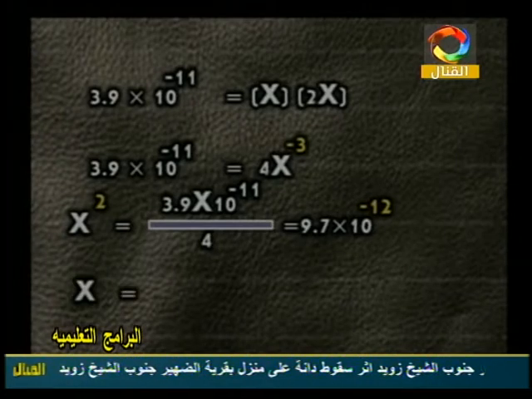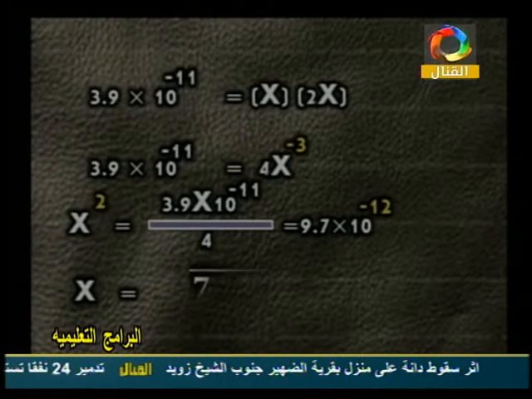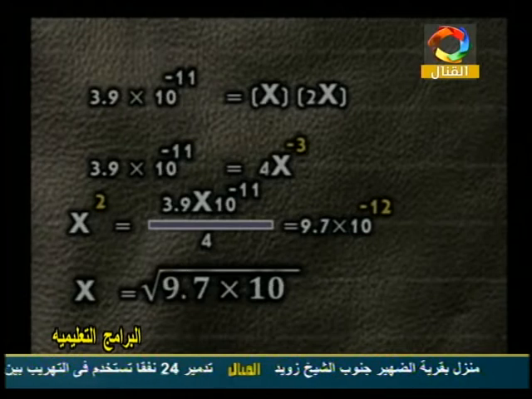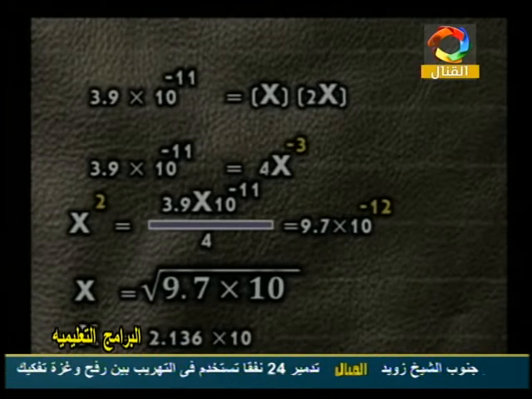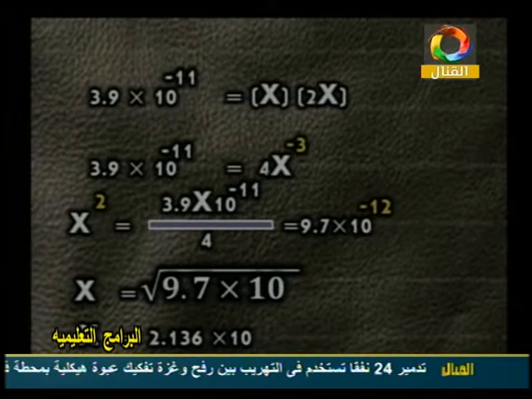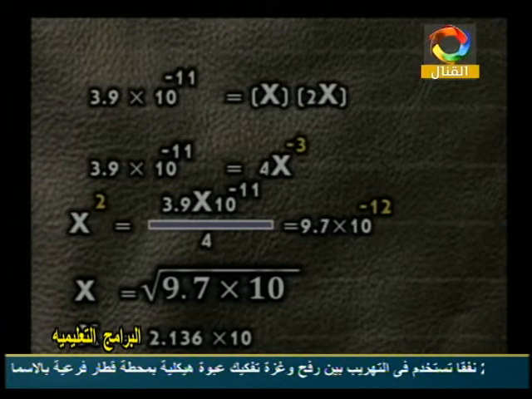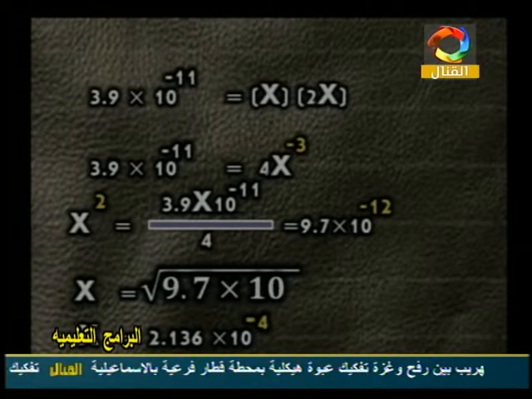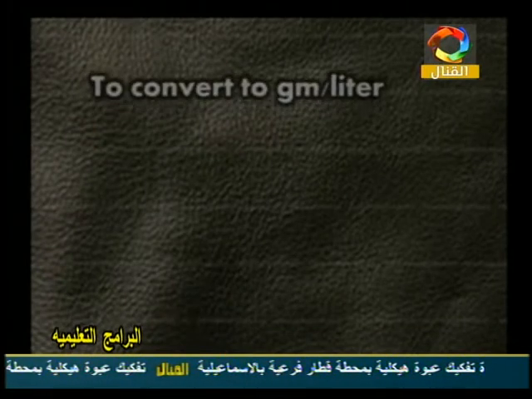Easy question. X only equals what? Cube root of 9.7 by 10 power negative 12 equals 2.136 by 10 power negative 4. Catch this.